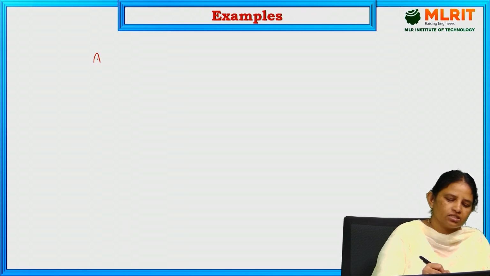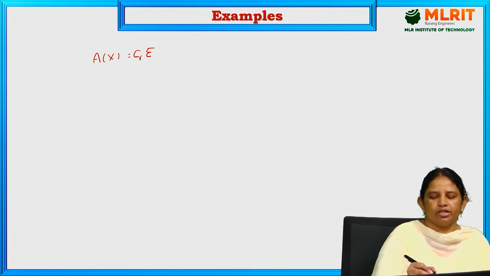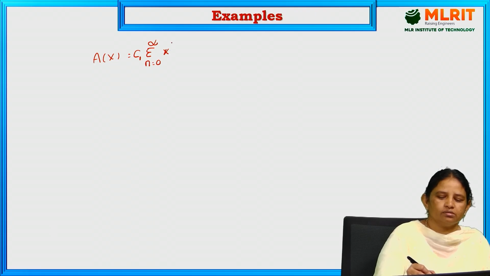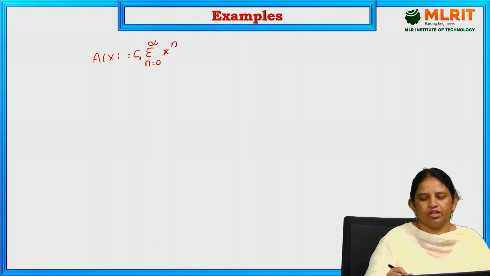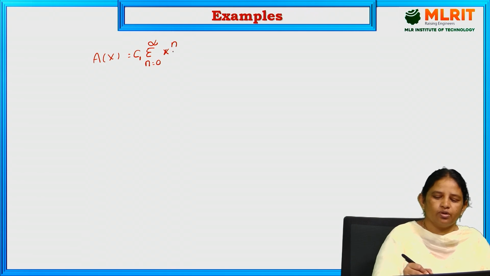Then A of x is equal to sigma, that is c1 into sigma n equal to 0 to infinity x to the power of n, plus c2 sigma n equal to 0 to infinity.